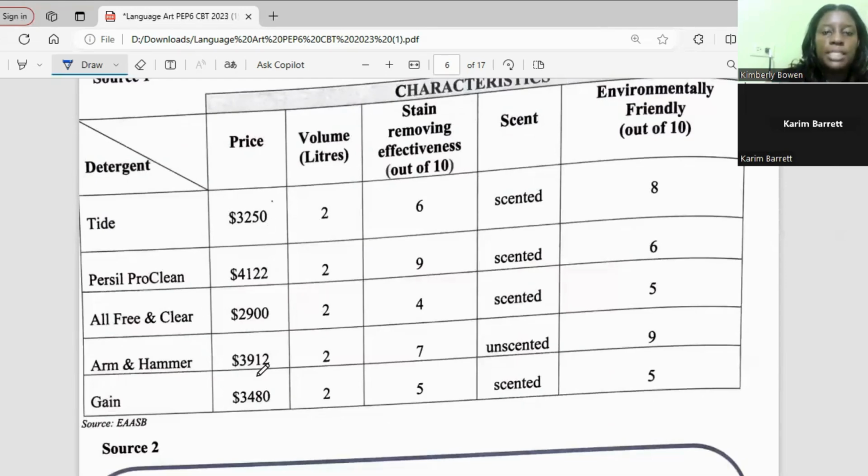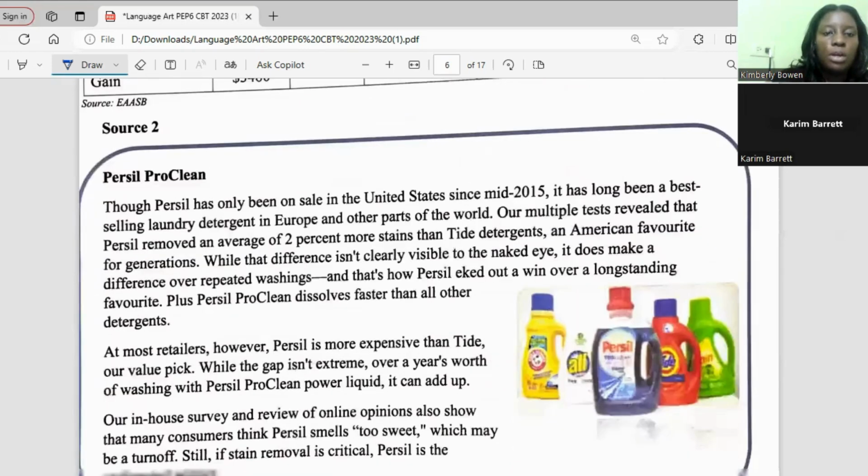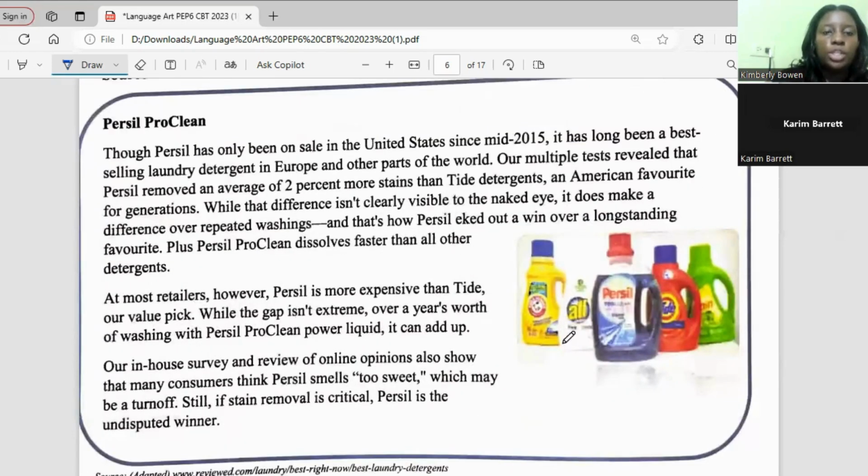And we see the prices here, the volume in liters, the stain removing effectiveness out of 10, the scent, whether it's scented or unscented, and whether it's environmentally friendly, that's out of 10. And then we have source 2.